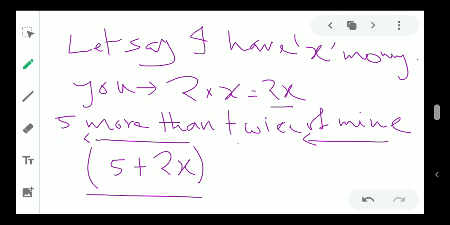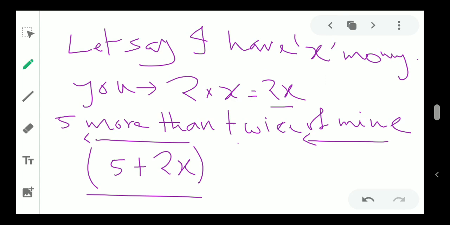And you know that when we do word problems, we have two things: one is the condition, one is the reference value. Something that we write on the right hand side is our reference value, and something that we write on the left hand side is our expression.